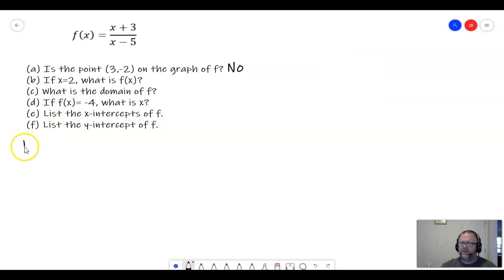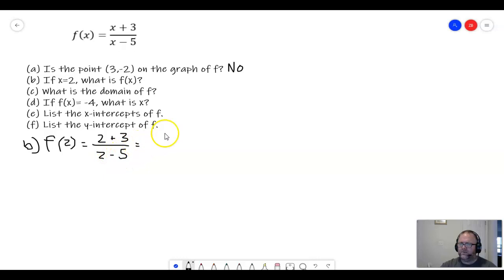Now, I'm actually going to do this one by hand, just so we can see it as well. So, b. All I'm going to do is evaluate the function at the x value of 2. And that means I just go in and replace all of my x's with 2. So this is 2 plus 3 all over 2 minus 5.